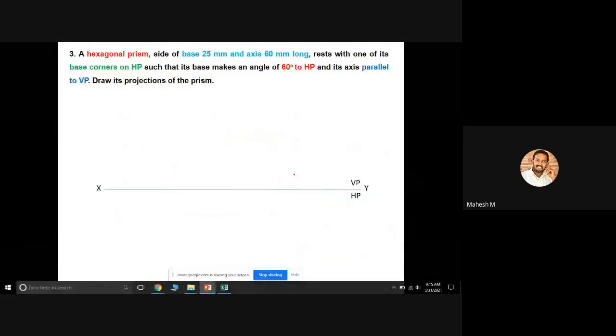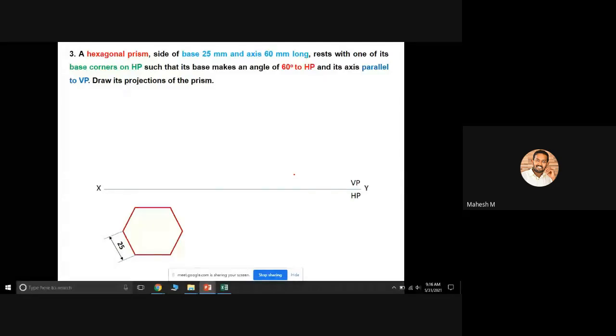So you have to draw a reference line with the name of x and y, and you can name the planes VP and HP. So you have to draw a corner hexagon. Okay, so finding the center point of this hexagon is easy. When we compare with a pentagon, you have to draw inclined lines; that means you have to draw 2 inclined lines with an angle of 54 degrees.